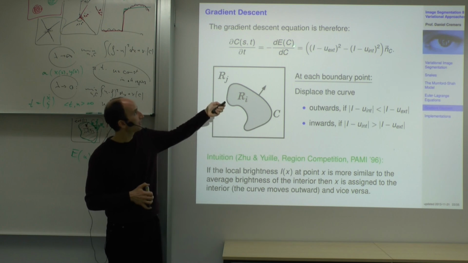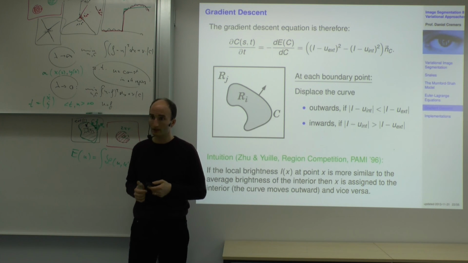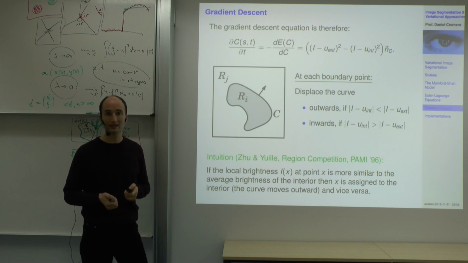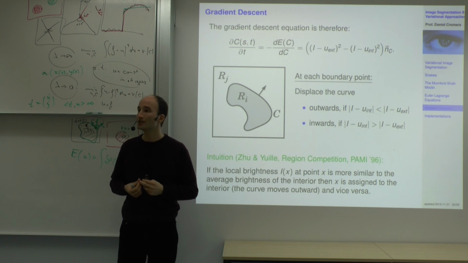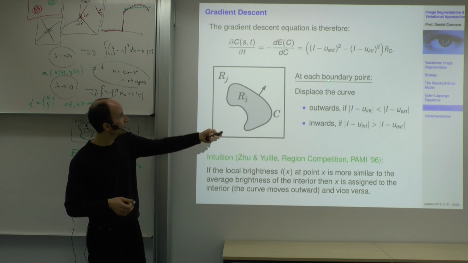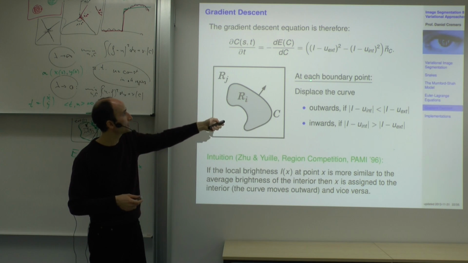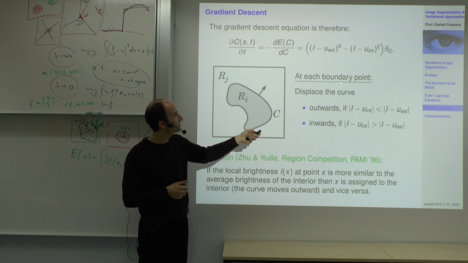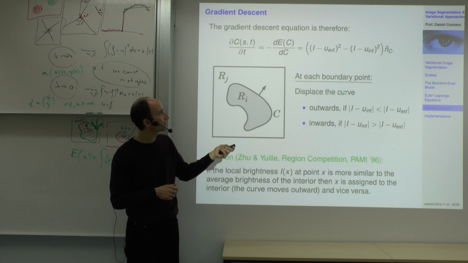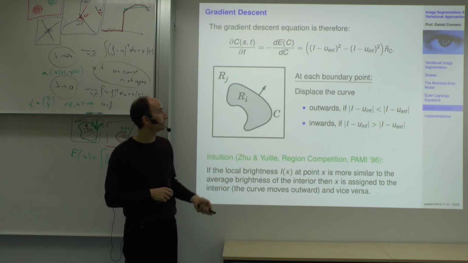And interestingly, this evolution of the curve also has an extremely intuitive interpretation that makes complete sense. And that in some way is reminiscent of what region merging approaches, or region growing approaches more specifically, used to do. If you look at this gradient descent equation, what does it do? At each point of the boundary, it displaces the curve in normal direction, because we have the normal vector here.